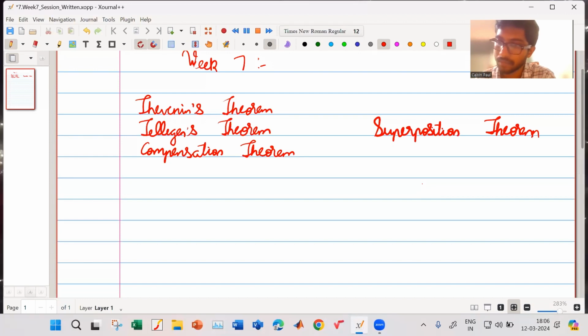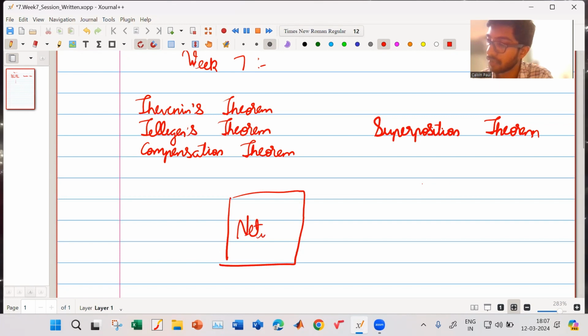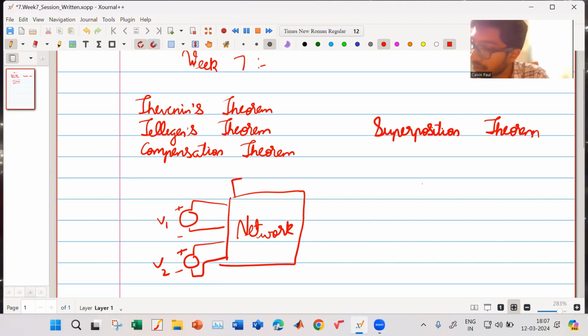So, the superposition theorem. Assume you have a network, with a voltage source connected to one part of the network, another voltage source over here, and your current sources here.